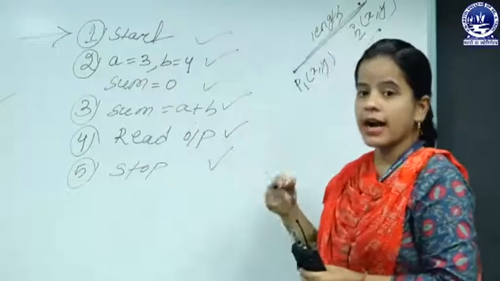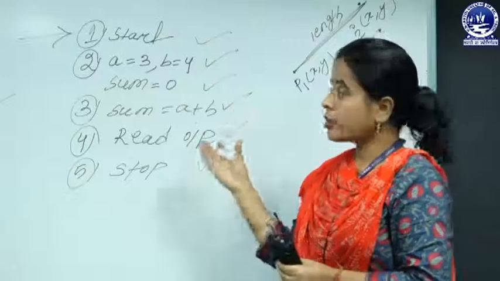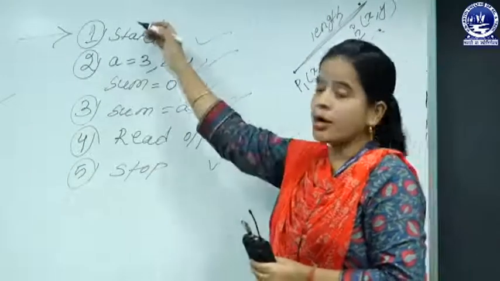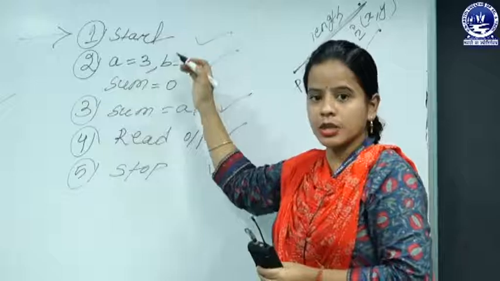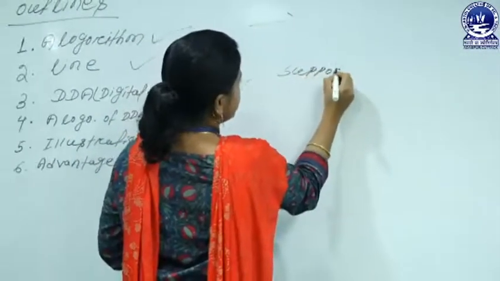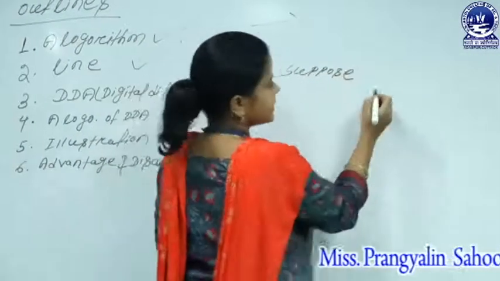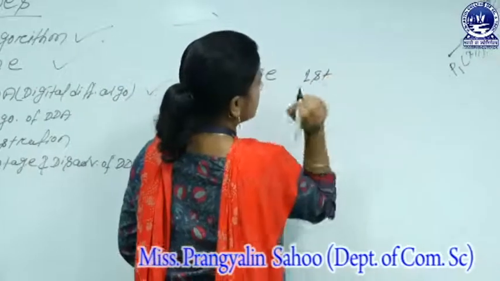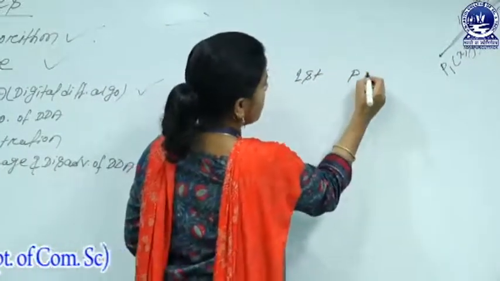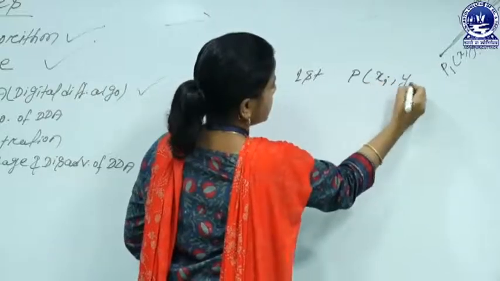So now let's check how different types of data are converted into graphical format with the help of the DDA line incremental method technique. Suppose on the first step, the programmer assigns the first pixel point, that's P of xi, yi.